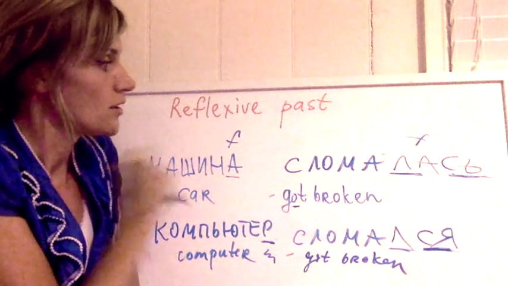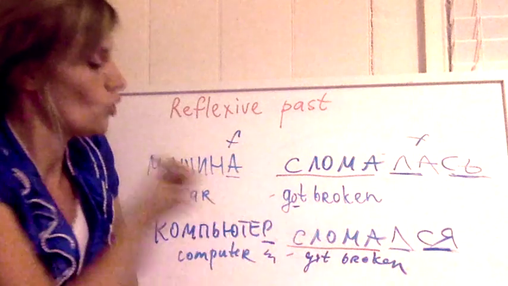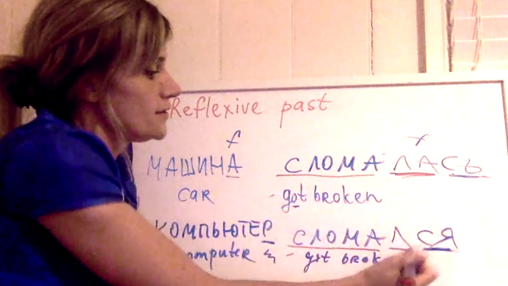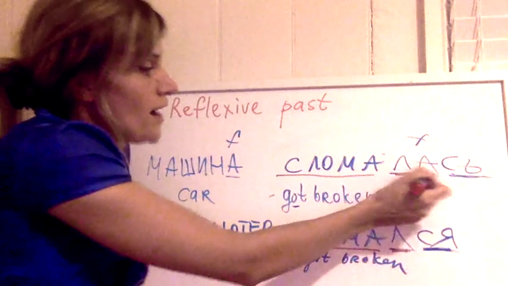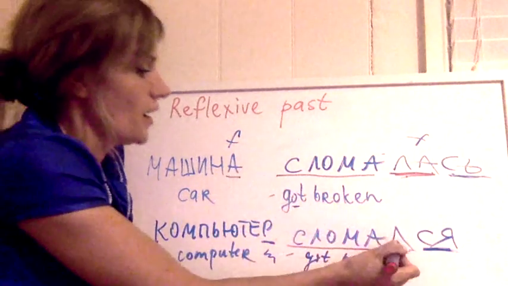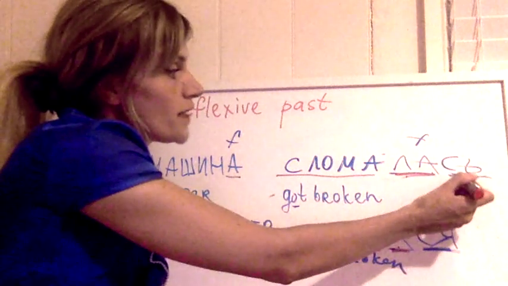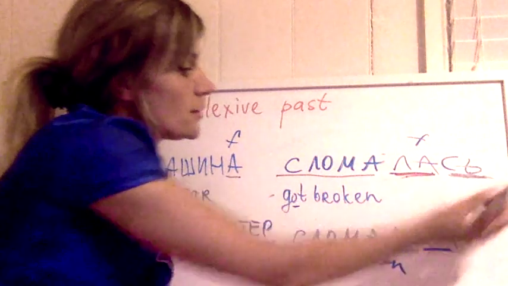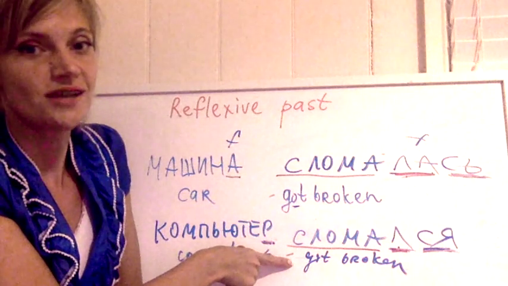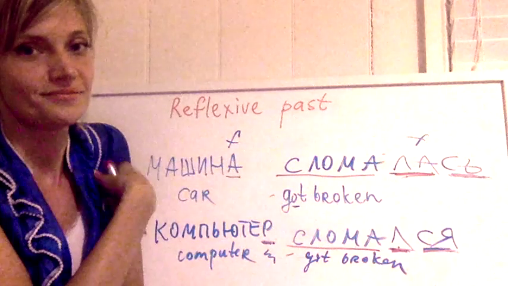If you look at the English translation, got broken, it is the same sentence. In Russian, слома, the same, no worries. And here, different. Ла and л. Ла for feminine, л for masculine. Not only that, the reflexive ending for feminine is сь and for masculine ся. The same sentence in English is going to be a little bit different in Russian.